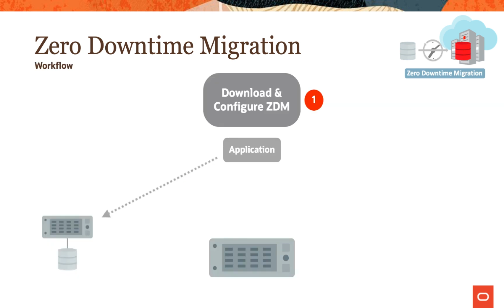To start the first phase, you have to download as well as configure ZDM on your on-prem server. Then you'll be able to gather all the required information about your on-prem database migration.